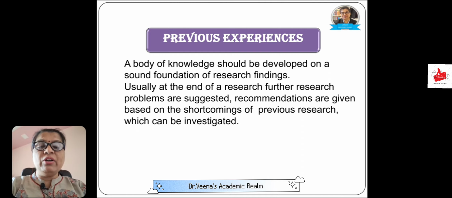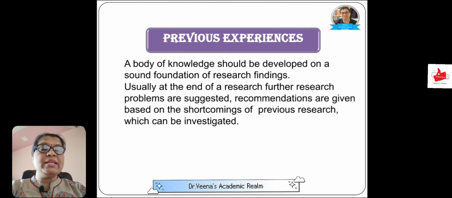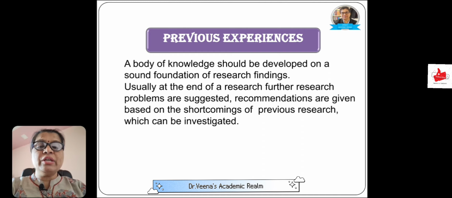If I have knowledge of a particular topic, or previous experience in some clinical area, community area, or psychiatric area, and somebody has done research that also gives a recommendation. My previous study, like BSc study or master's study, will help me to find out the problem statement or area of study for the PhD also.